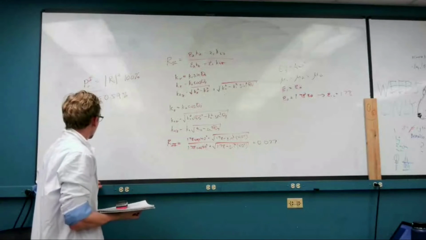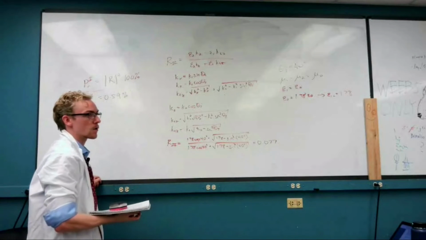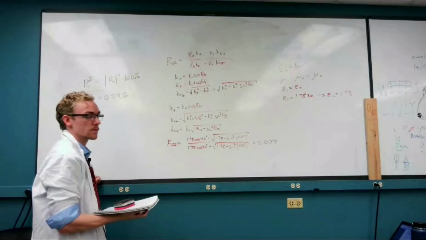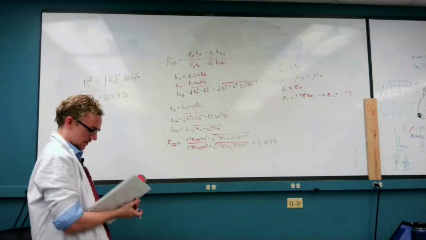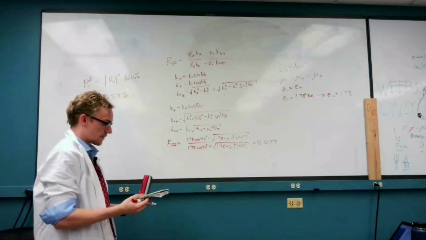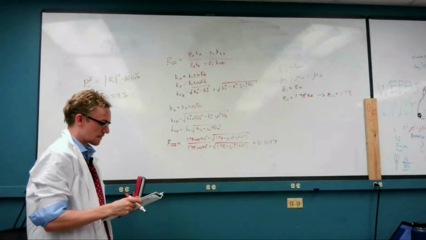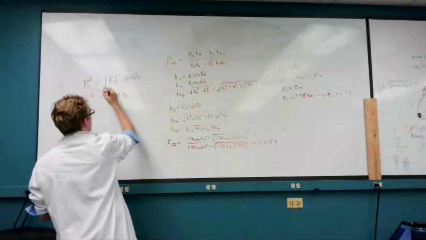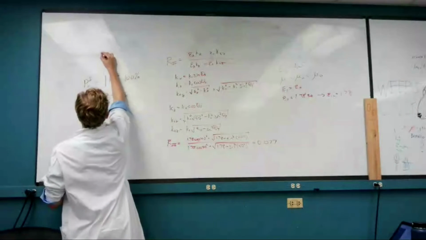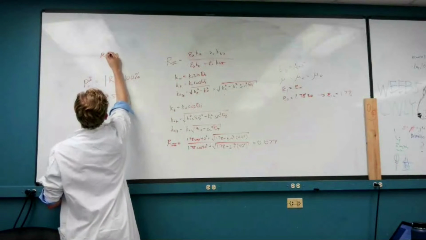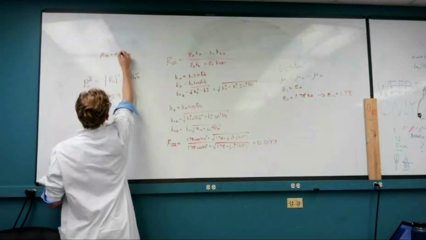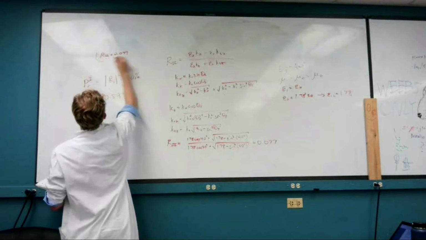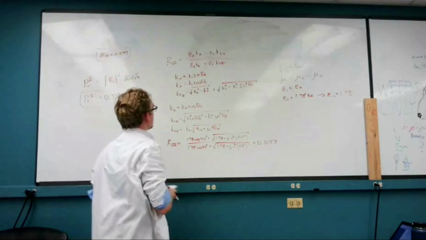So what this number tells us is that there's really not a lot of power reflected in the parallel regime, which is very interesting. And that leaves us with the polarization in the perpendicular regime. So I'll put this up here as a side note so we don't forget our R parallel, 0.077.